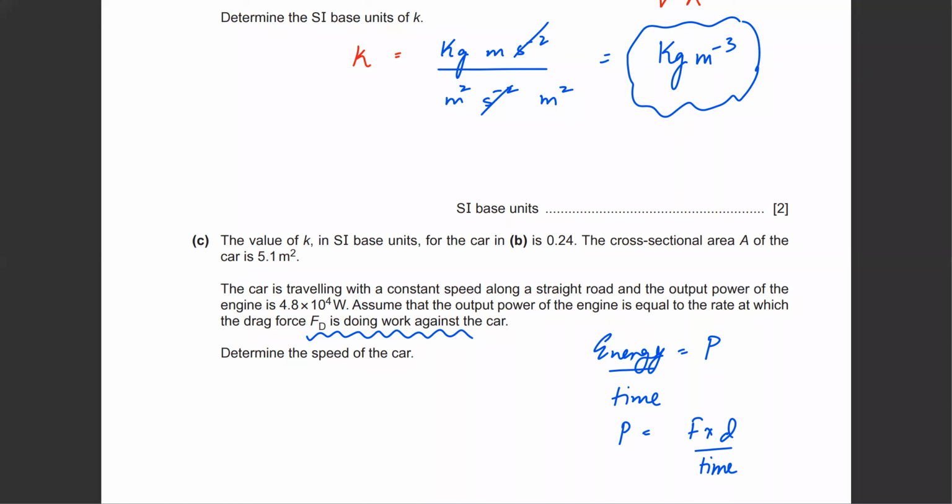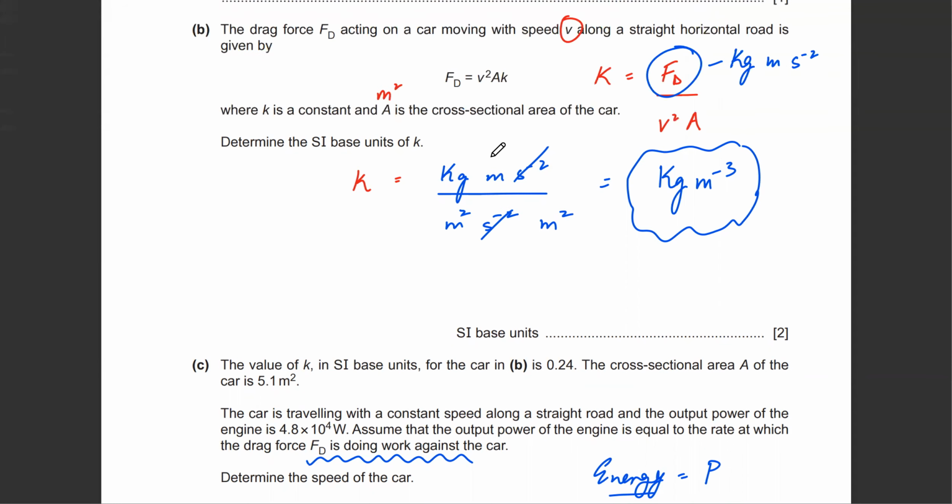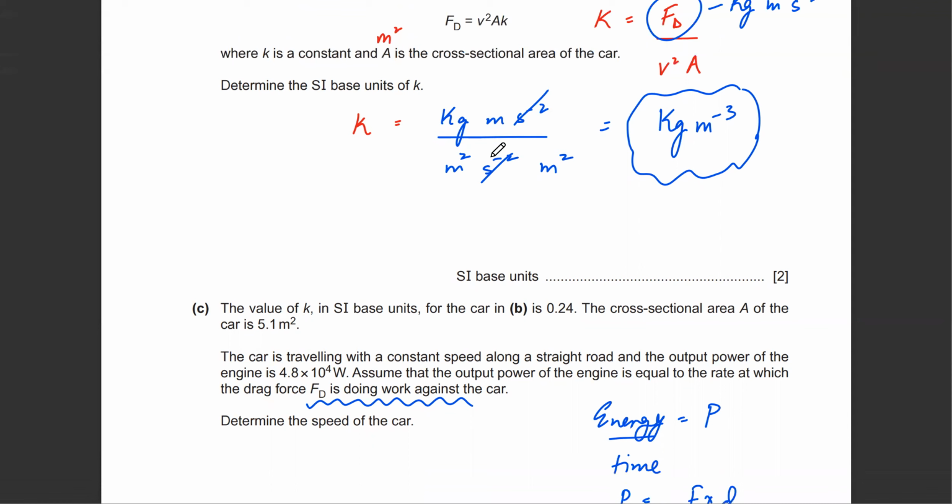Now, if we start doing the calculations, it's going to come out to be what? I'm just going to do this with the original formula, where we know what FD is. That's given over here, 4.8 times 10 to the power 4. The velocity V has to be found out. We know A, the cross-sectional area, is given as 5.1, and K is also given as 0.24.